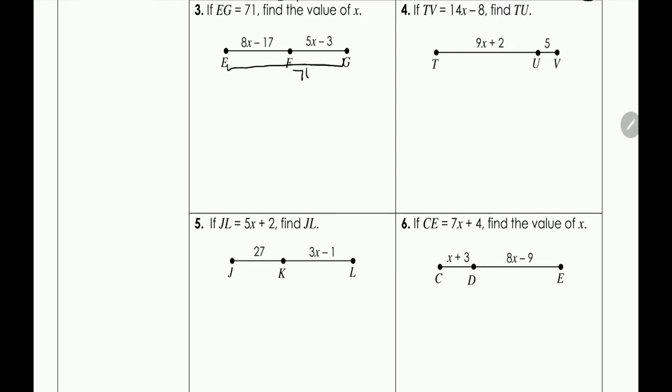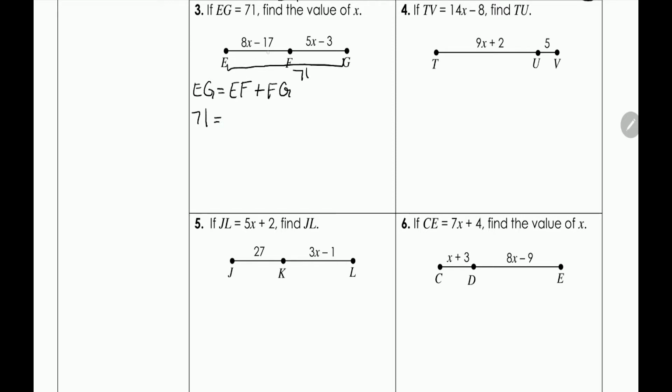Okay, and we're going to find the value of x. So we know that EG is going to be equal to the smaller segments, so EF and FG, so from here to here and here to here, added together by the segment addition postulate. So we know that EG is 71, it tells us right up here, so we're going to replace EG with 71.